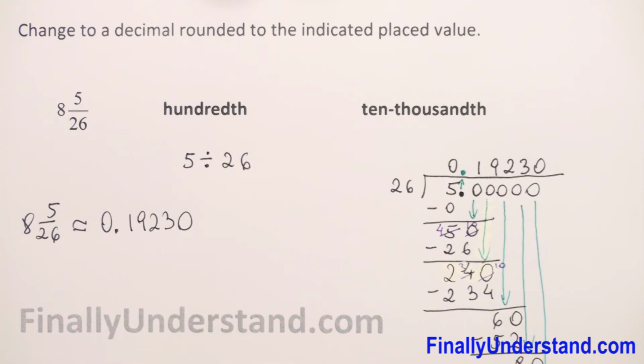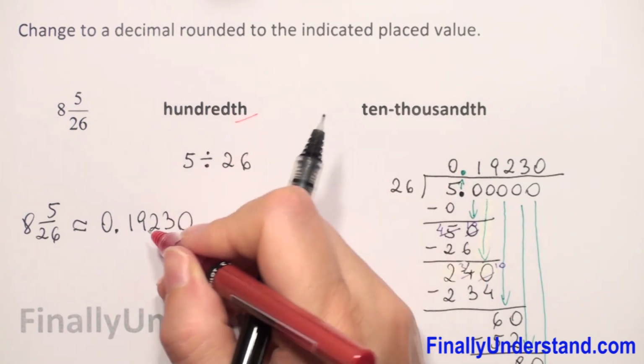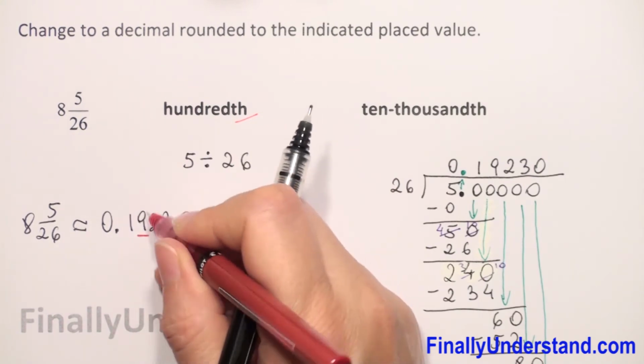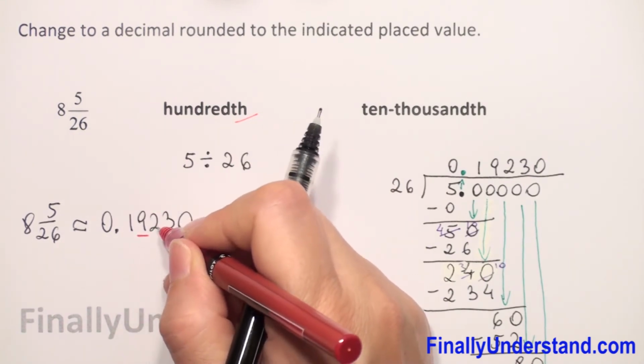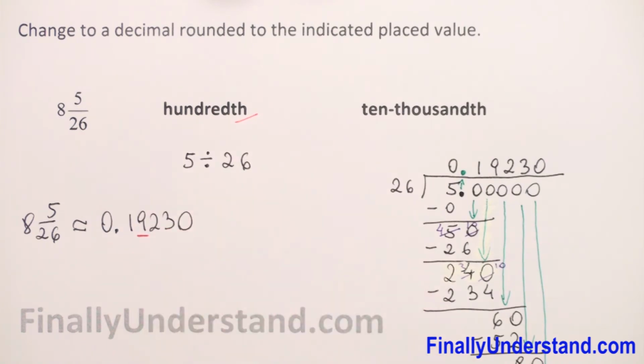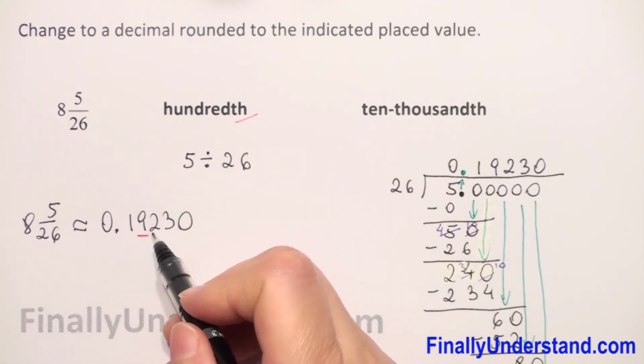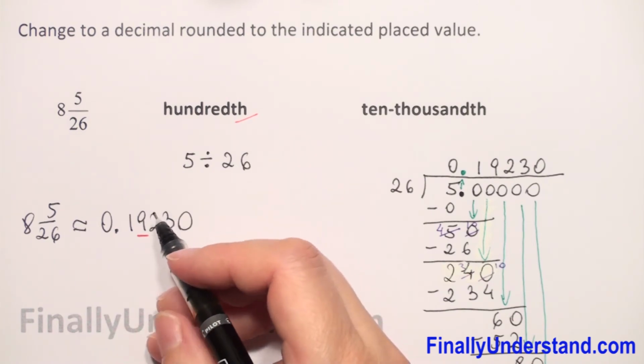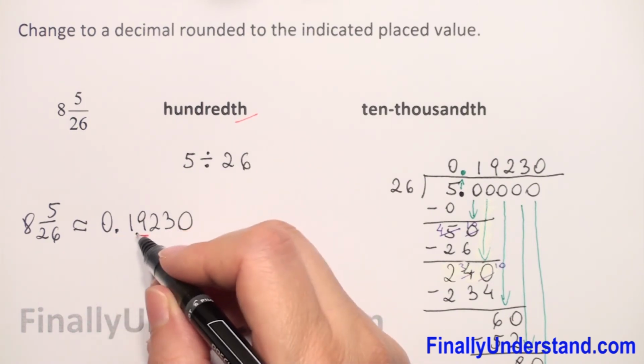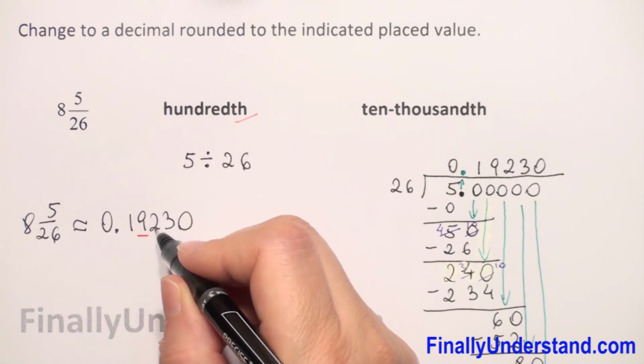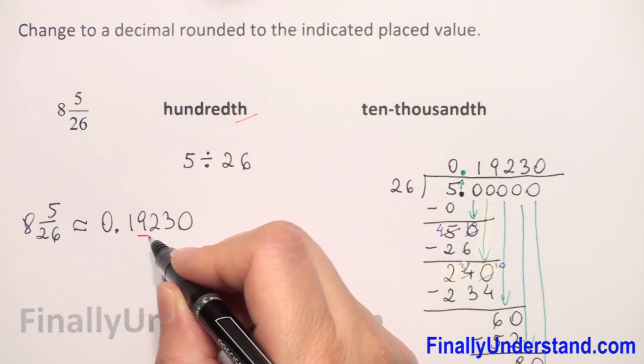And what else? When we need to round to the 100th, we need to underline the 100th. So this is the second digit after the decimal point. We have to check what is next: it is 2, a digit less than 5. What do we have to do? We have to copy exactly what we have, and we have to change every digit after our underlined digit to 0.